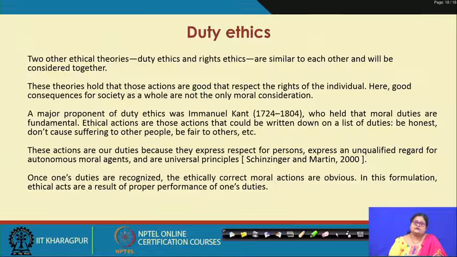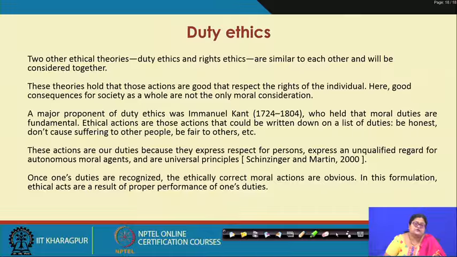Ethical actions are those actions that could be written down as a sort of list of duties, like be honest, don't cause suffering to other people, be fair to others, etc. If you see these, they have some link to the act utilitarianism concept also.